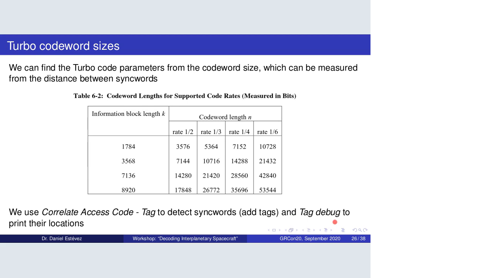One of the things it prints about tags is the location, in which sample in the stream they happen. And since here we are working with symbols, after doing symbol sync, Costas loop, etc., the distance in the locations of the tags as printed out by tag debug will be the distance in symbols between the sync words.